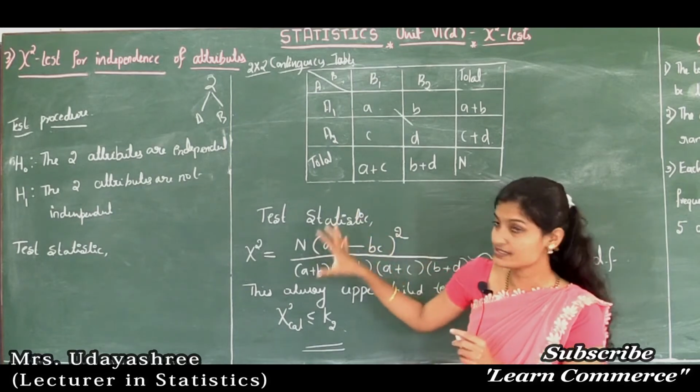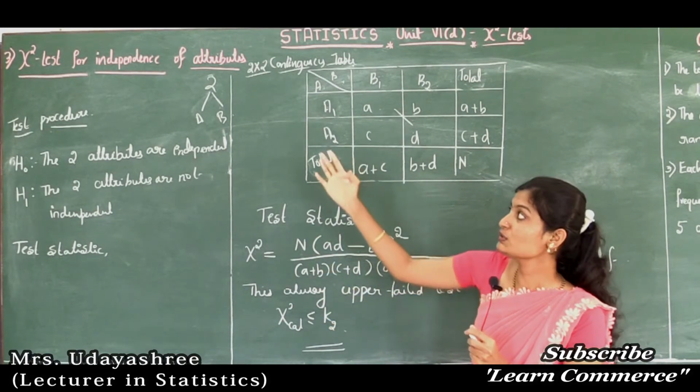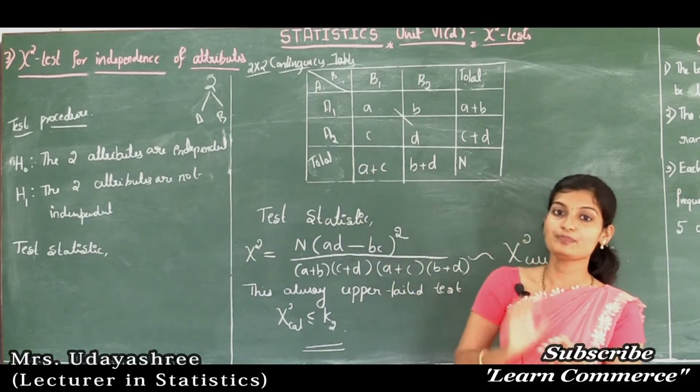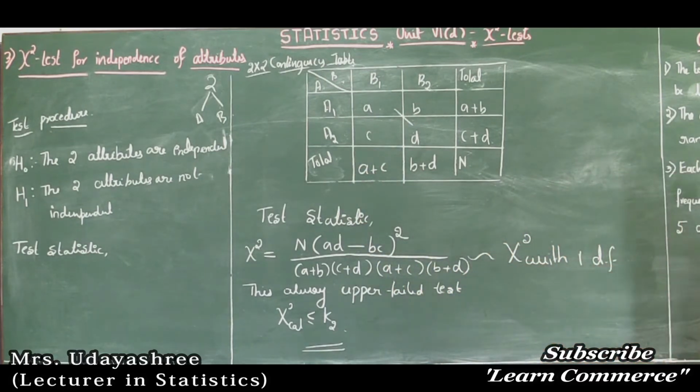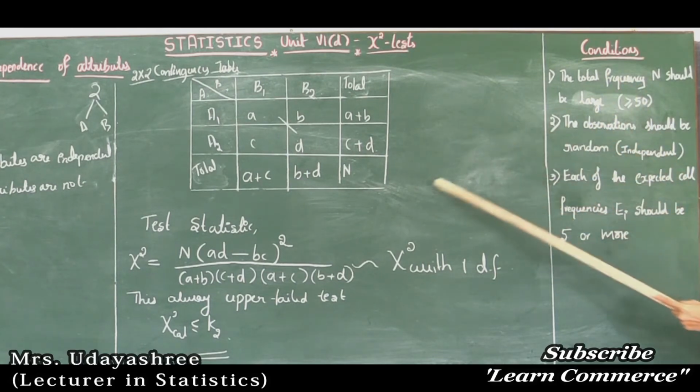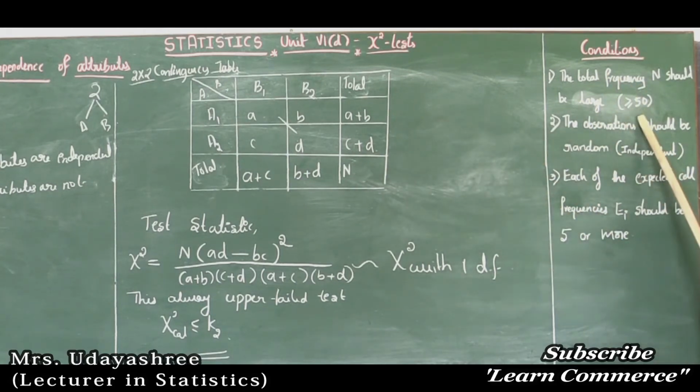This is the test procedure for the chi-square test for independence of attributes. To apply this procedure, there are some important conditions. Condition number 1: the total frequency n should be large, more than 50.